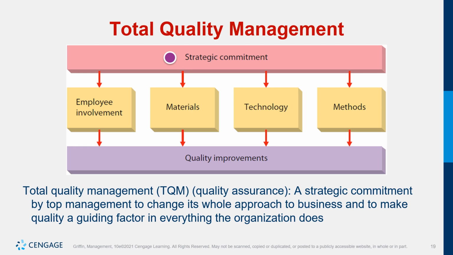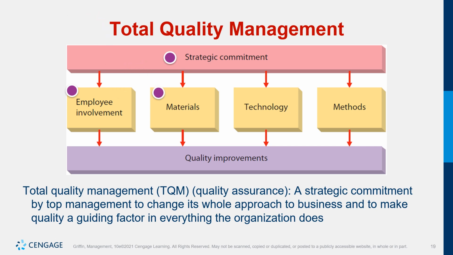Thus, without a commitment from top management, quality improvement will prove to be just a slogan or a gimmick, with little or no real change. Employee involvement is also important. The person responsible for doing the job should also be responsible for making sure that it is done right. Work teams are a popular approach to increasing employee involvement.